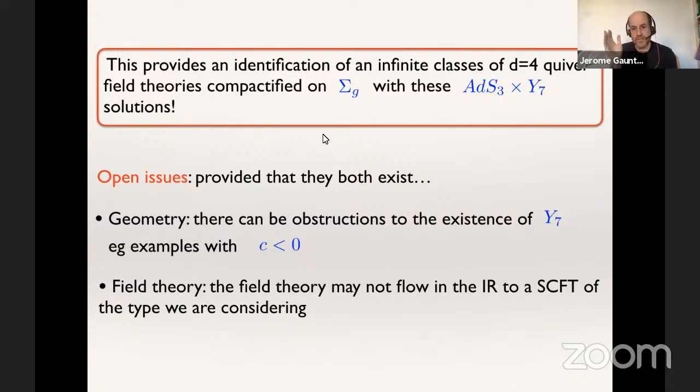But there can be obstructions. So you could do the variation principle, but there is no solution that it corresponds to. A very simple diagnostic is that you might go through the geometric procedure and say, oh, I've just derived a field theory that has negative central charge. Now, clearly that's nonsense, and that's because there is no solution.